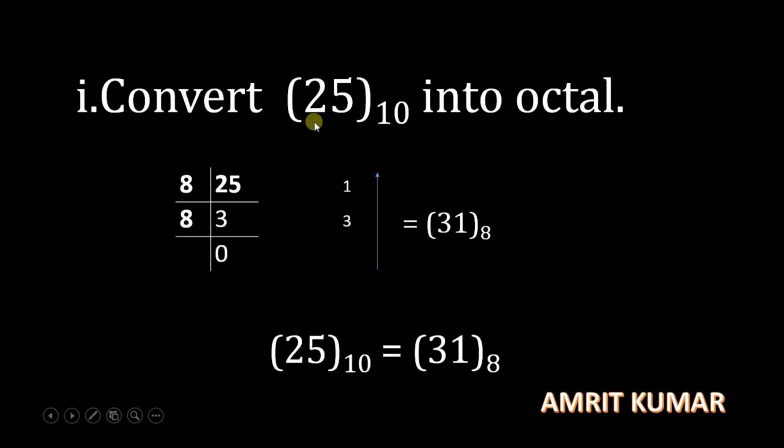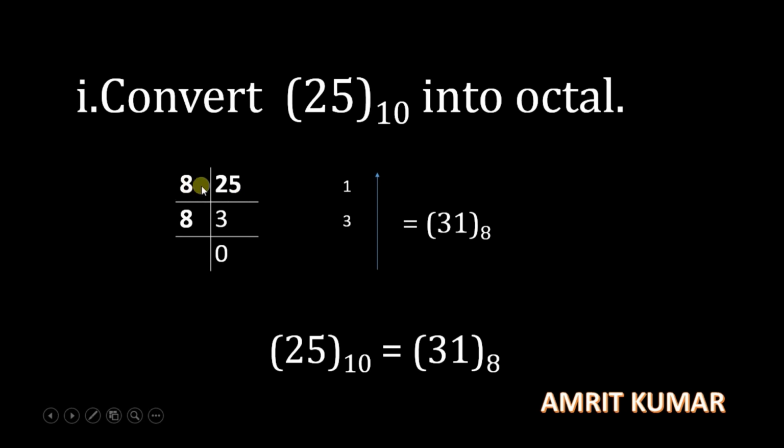The difference here is because of the base and the range, because an octal number has its range from 0 to 7 and its base is 8. Therefore we divide the decimal number, 25, by the base of the octal number, that is 8.